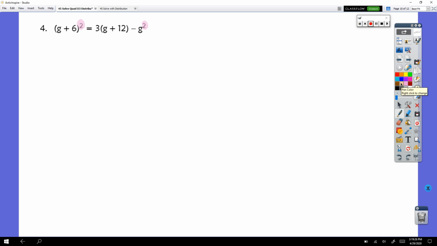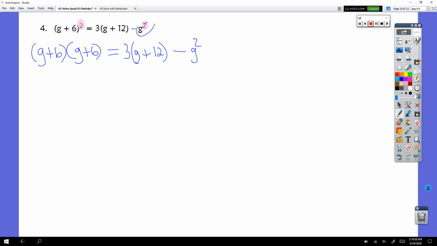And the g plus 6 getting squared means that I've got 2 of those factors written in a row. If I want, I could distribute through. I'm going to wait. So I'm going to keep the 3 parentheses g plus 12 as it is. And just keep in mind that g squared, this last term here, that just means g times g. So I'm just going to leave that as a g squared.